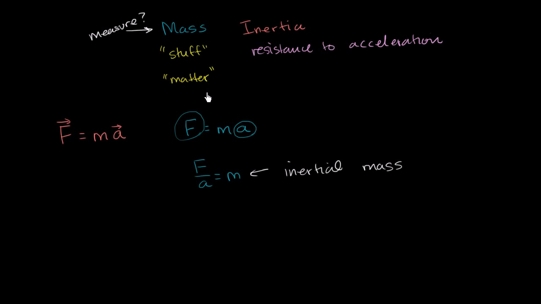Especially once you get into the subatomic, quantum domains, the idea of how much stuff there is becomes very abstract, and all we can do is measure how that particle responds to force, how resistant it is to acceleration. That is essentially what we're describing as mass, or inertial mass.